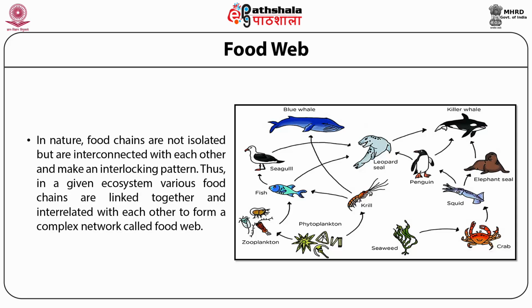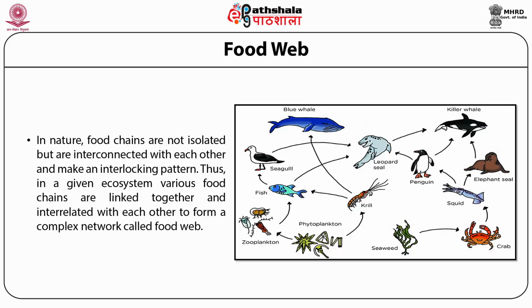That is, it may derive its food from more than one source. Even the same organism may be eaten by several organisms of higher trophic level, or an organism may feed upon several different organisms of lower trophic level.